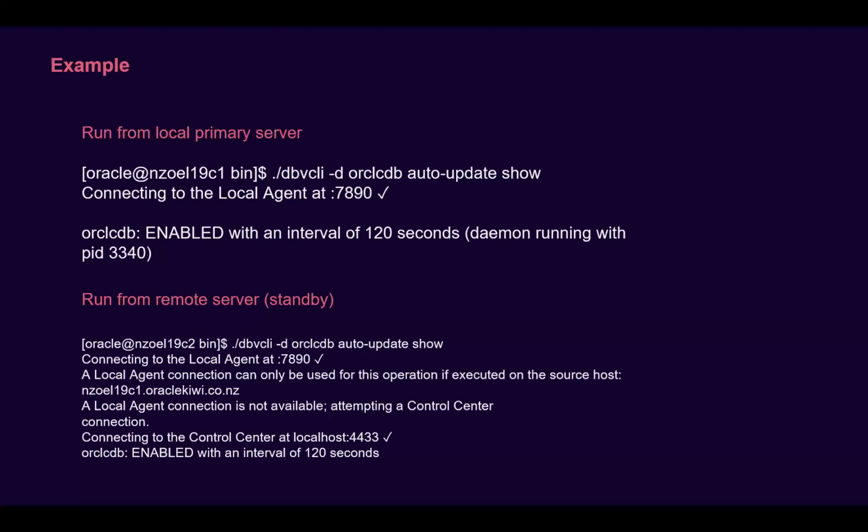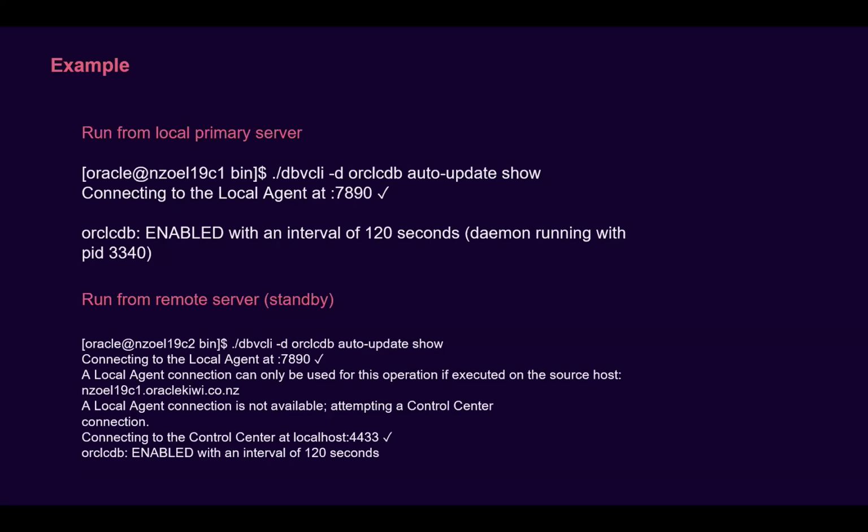For example, if dbvcli runs from a local primary server, it's going to give me a direct response saying that the auto update is set for 120 seconds and the daemon is running with a PID of 3340. But if you run it on a remote server, from your control center server or your remote server, it is going to connect to the local agent and execute the command from the local agent itself.